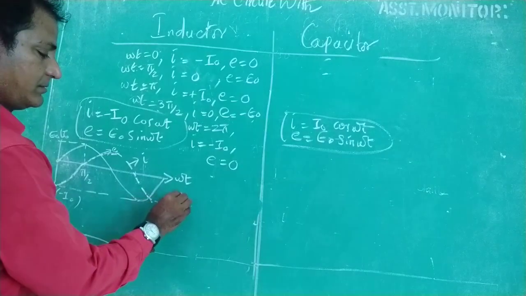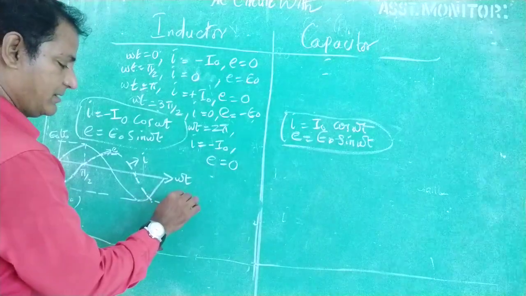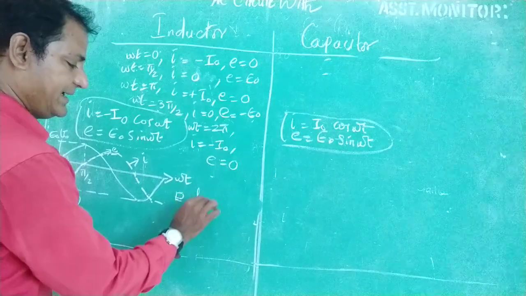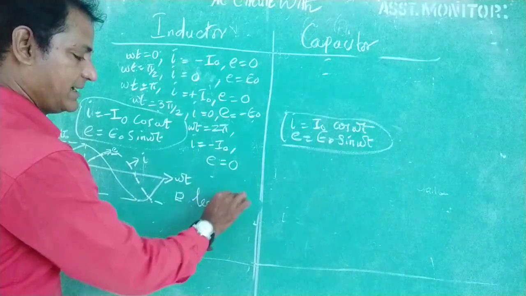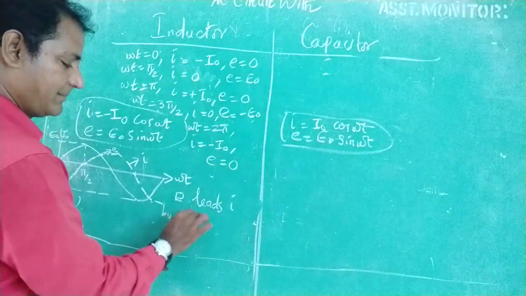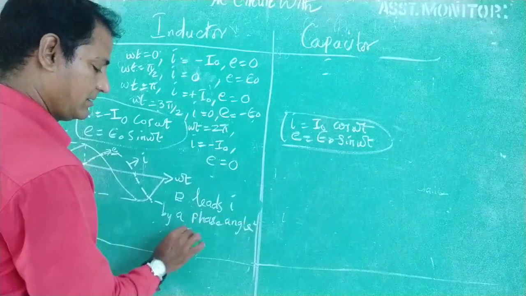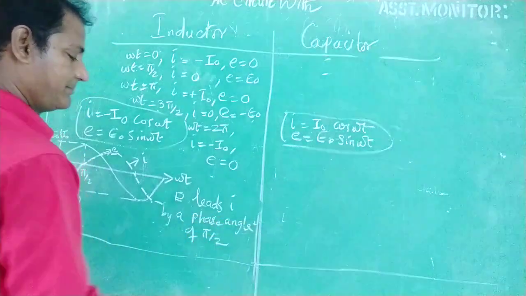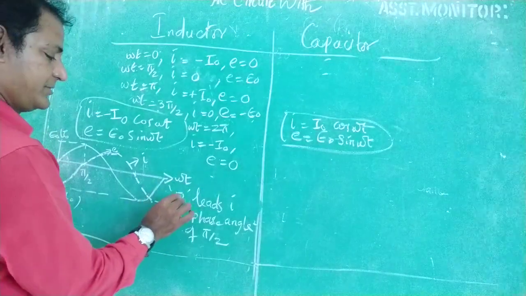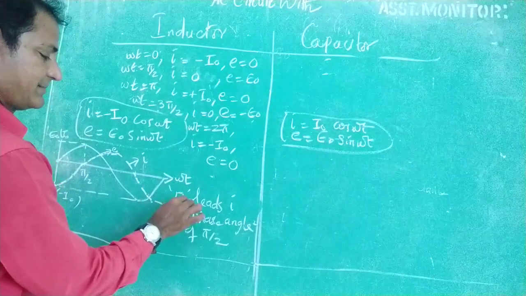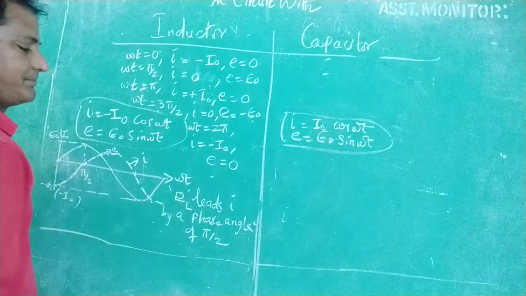So E leads I by a phase angle of 90 degree. Okay, so I can say this E as E suffix L.